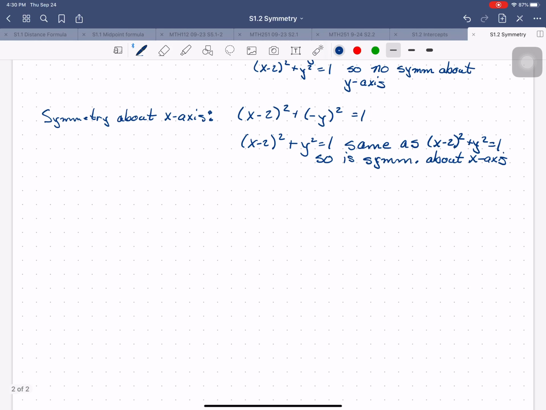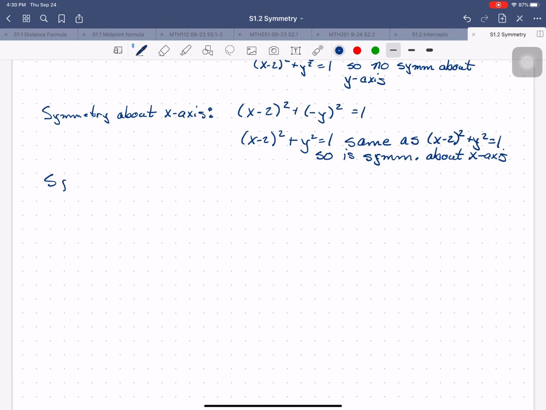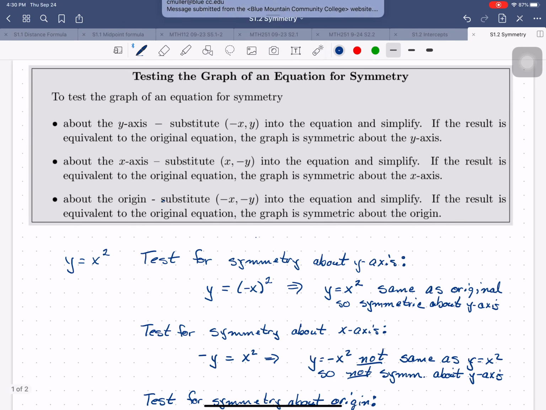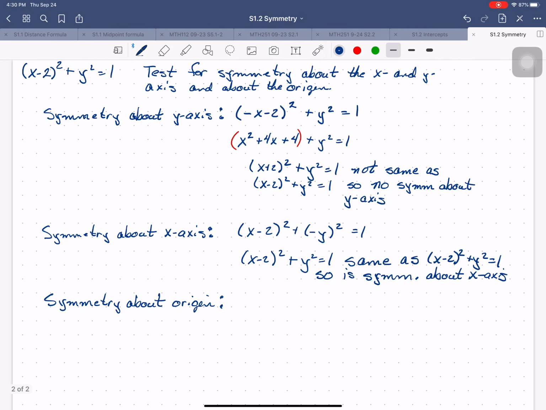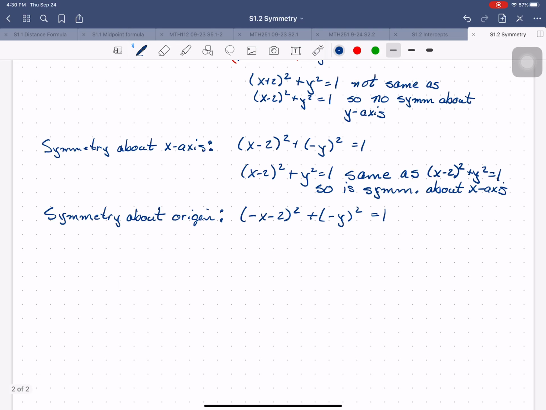Okay, let's check for symmetry about the origin. My box tells me I'm going to replace x with negative x, and I'm going to replace y with negative y, and I'm going to simplify. So I'm trying to simplify negative x minus 2 squared plus negative y squared equals 1. And we're trying to see if that matches my original. So do the same thing I did before.